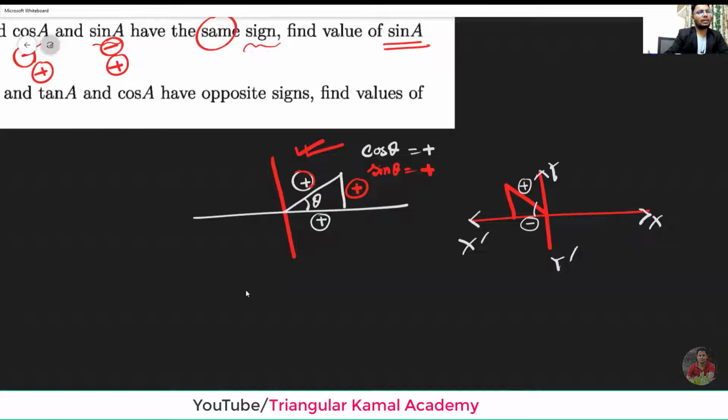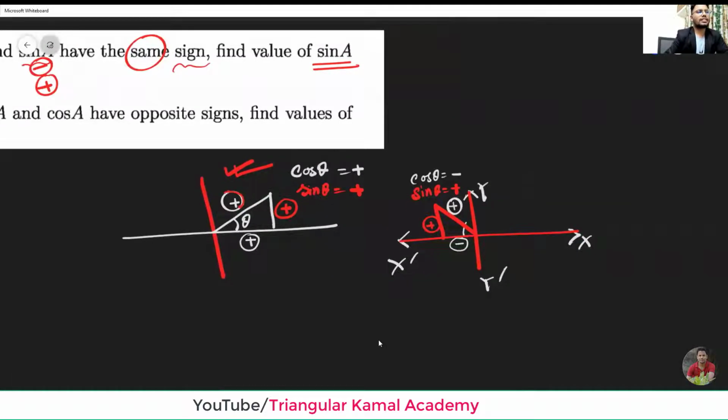So adjacent by hypotenuse, here in the second quadrant, cos theta is negative and sine theta is opposite by hypotenuse. This is plus by plus. So sine theta here in the second quadrant is positive. So here in the second quadrant, cos and sine do not have the same sign. Cos is negative, sine is positive. So the second quadrant will not be allowed here.